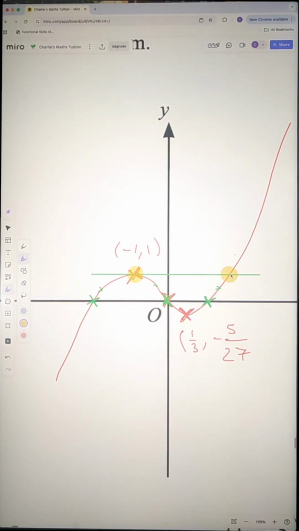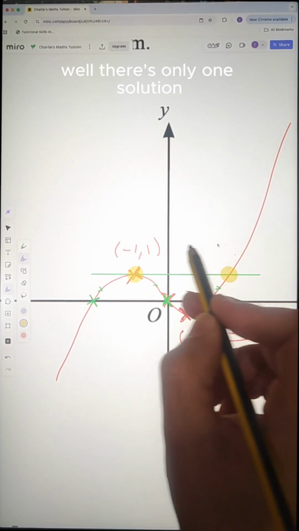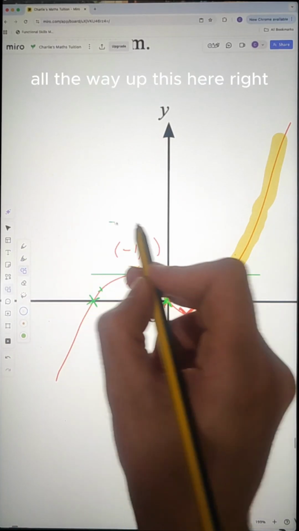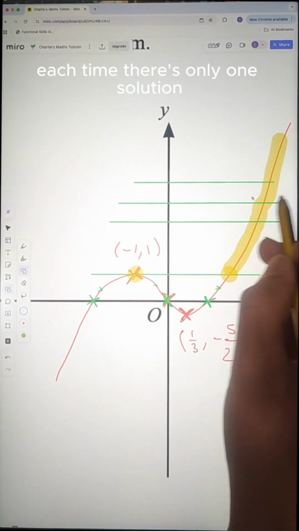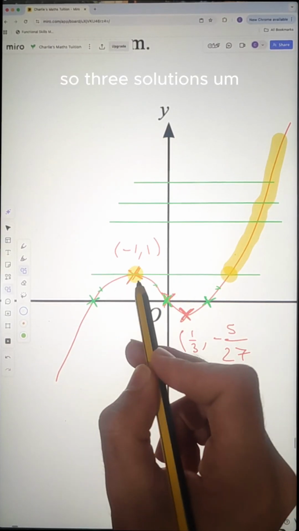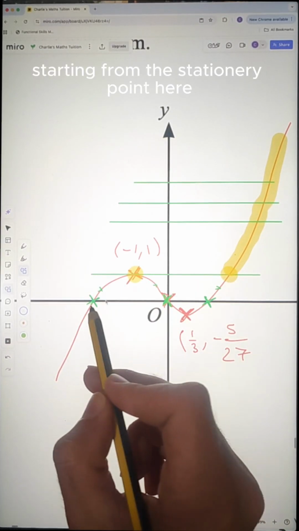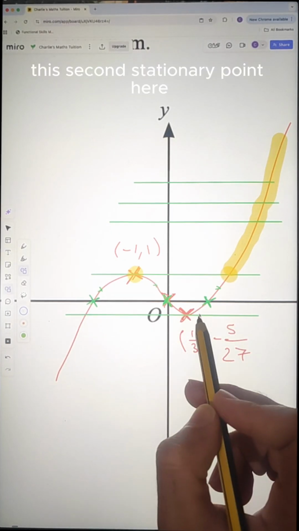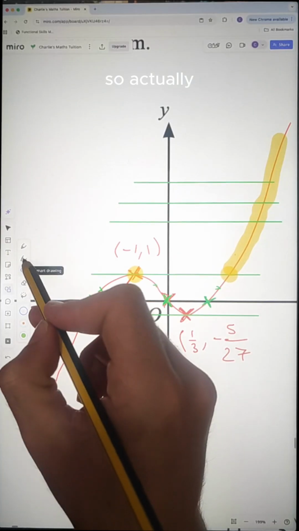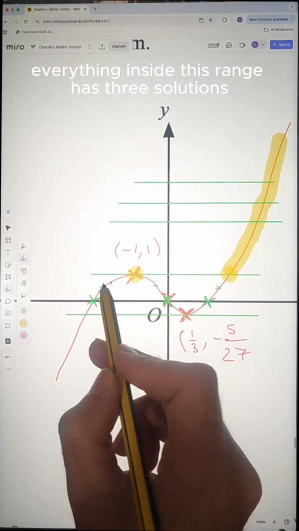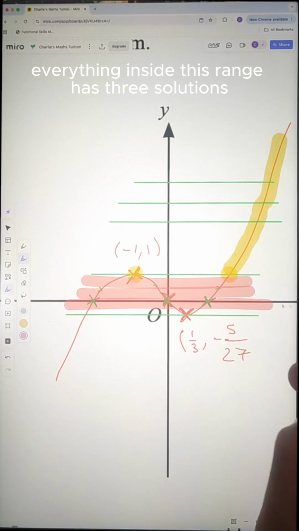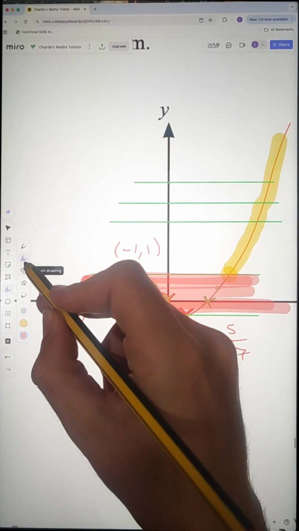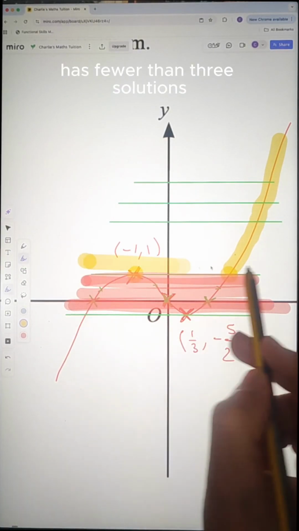And once we get higher than our stationary point, there's only 1 solution, and that's all the way up here. Each time there's only 1 solution. So 3 solutions starting from the stationary point here, and there's also 3 solutions up until this second stationary point here. So actually everything inside this range has 3 solutions, and everything outside of this range has fewer than 3 solutions.